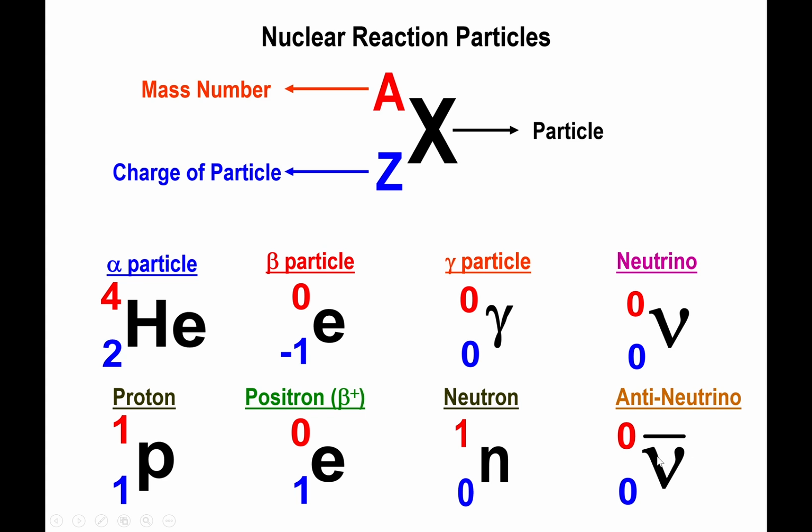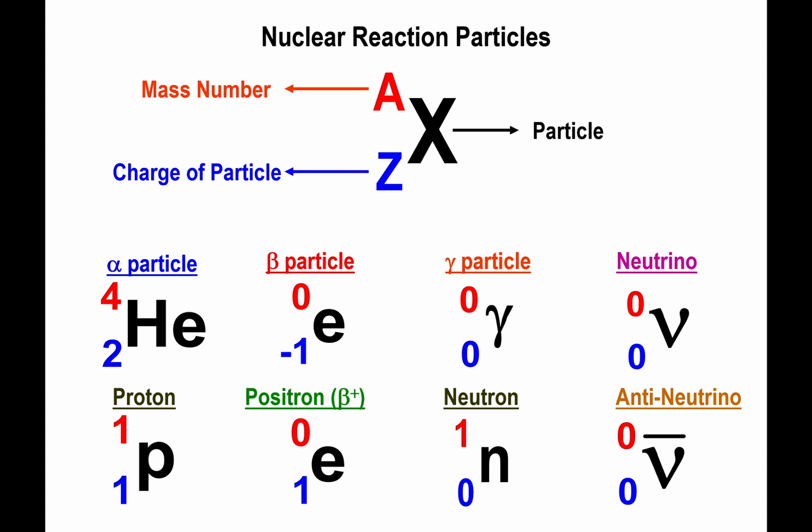Now, that's not to say that there is no experimental means of differentiating them. There actually are means of doing that. But for now, we're just going to focus on writing them as either neutrino or antineutrino with the absence or presence of that bar on top of the mu symbol.